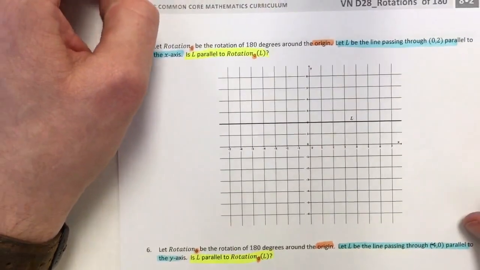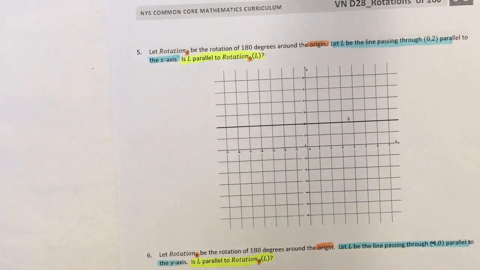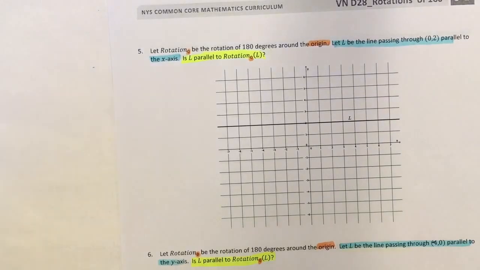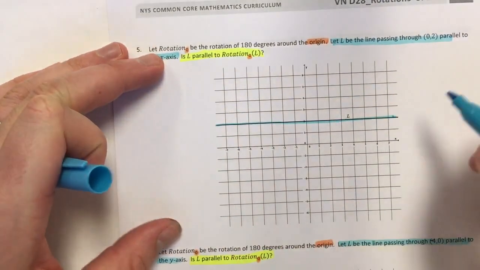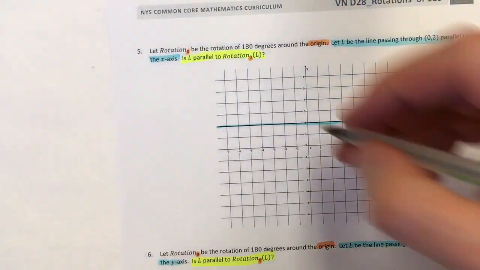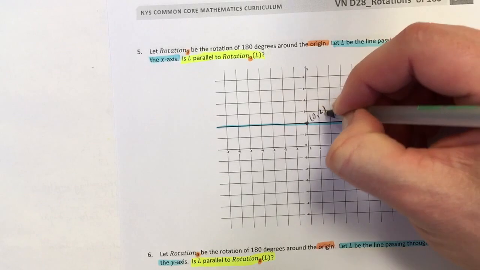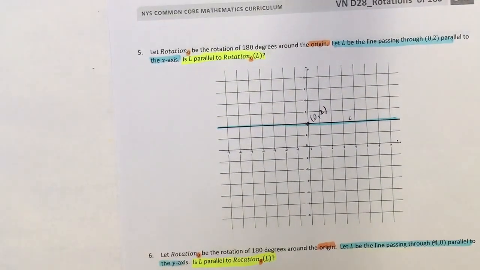Continuing forward. Let the rotation be around the origin at 180 degrees. Let the line pass through the point 0, 2. So again, we're kind of sitting on one of the axes, which is different than the original one here, 0, 2. What would happen if we rotate that? I think we can start to predict exactly what would happen.